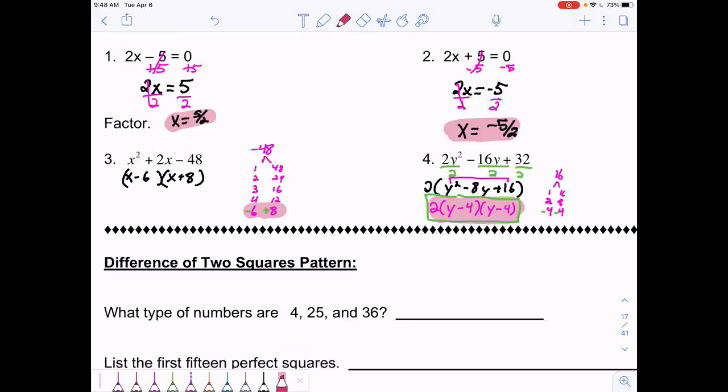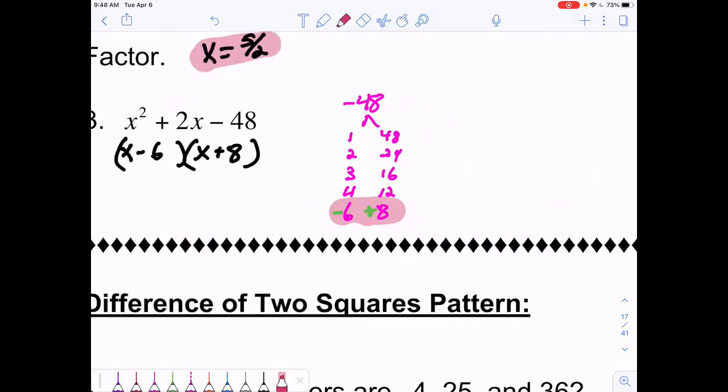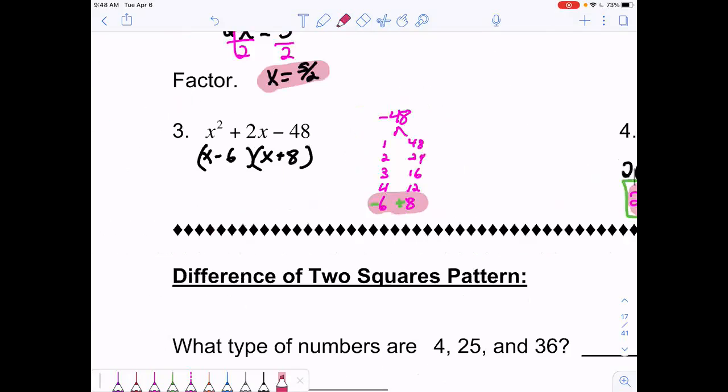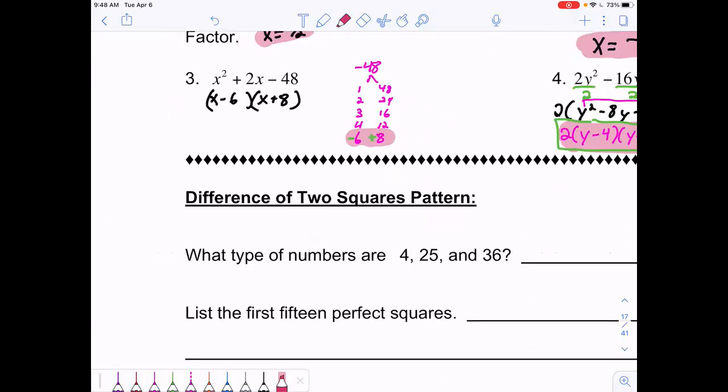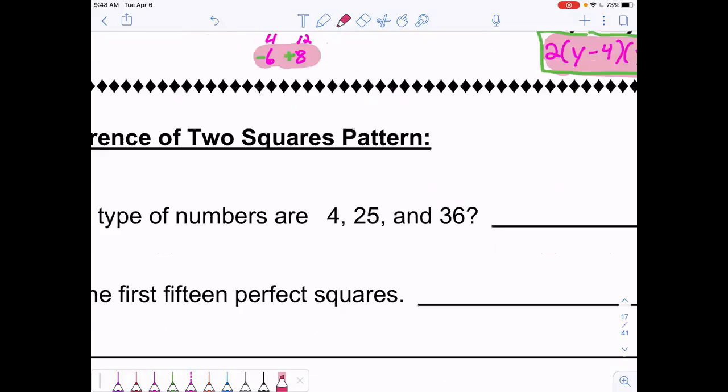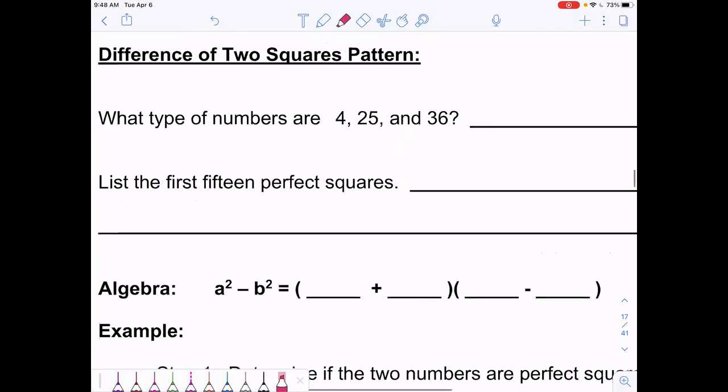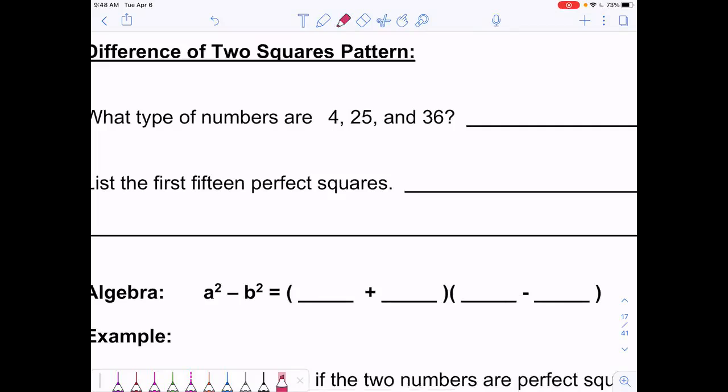The two examples Mr. King just did with you are more of a process or a method to use to factor, because you're using two numbers that multiply together to be a top number. The factoring we will work with today is going to deal with special numbers. If you look at the numbers here, we have 4, 25, and 36. That list could go on, but 4, 25, and 36 are all a special type of number.